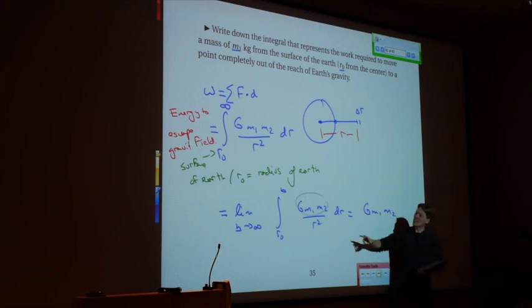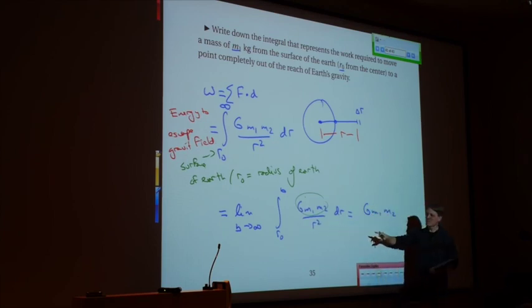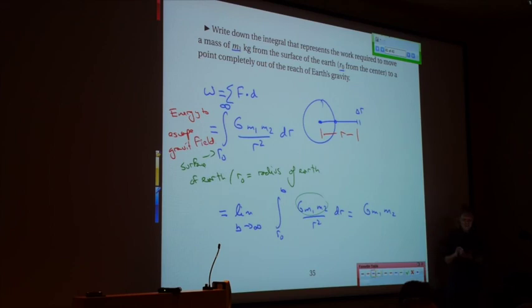Next step is just to recognize that these are all constants, so copy them. The integral of 1 over r squared, pretty similar to the integral of 1 over x squared, is negative 1 over r, between b and r0. And then we can't forget out front our limit as this upper value is going to get larger and larger and larger.